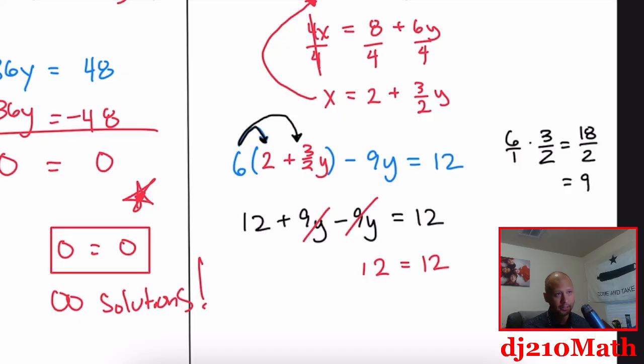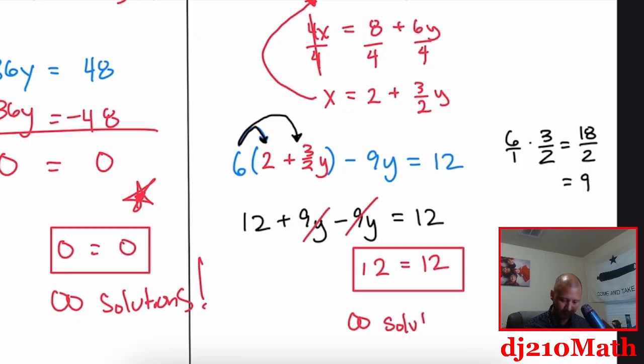Well, that's true. However, it's also true if the number equals the same number. Here we have 12 is equal to 12. This is basically the same thing as 0 equals 0, right? Whatever the number is on the left, that's what the number is on the right. So this is going to be infinite solutions.